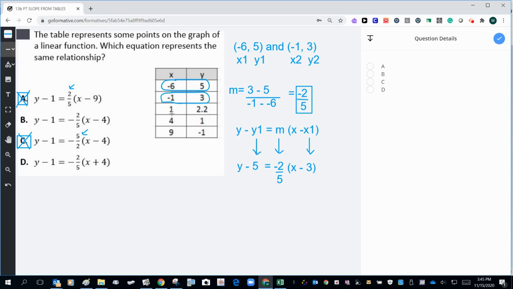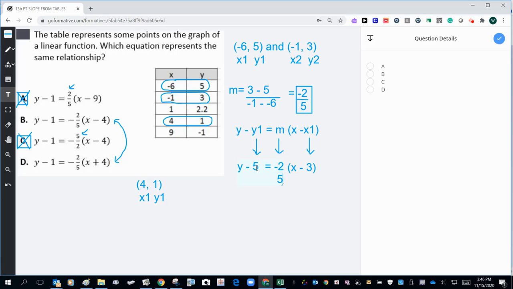So if I choose instead this point right here, I might get a better answer that will let me know which one of these two is the correct answer. So let's try that. We're going to use 4, 1, and we're going to select this as x1 and this as y1.